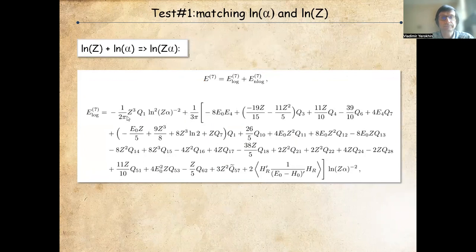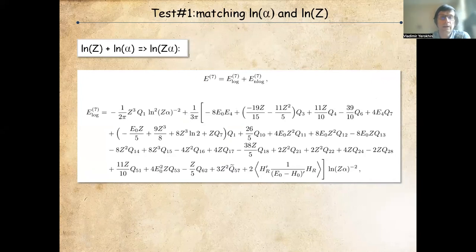So this is the formula for the logarithmic contribution to m alpha^7, and there are quite many operators here. These Q operators are some basic operators whose forms we don't need now. But the point is that they are joined together to build the logarithm of Z alpha.